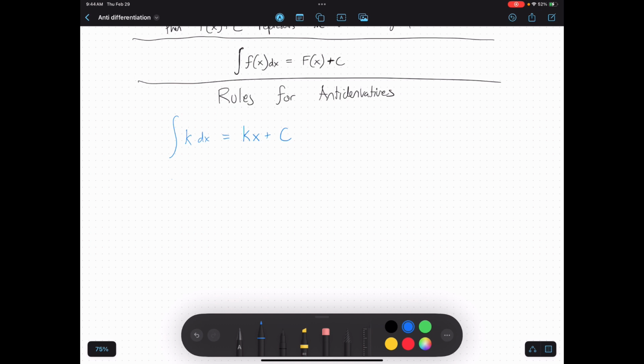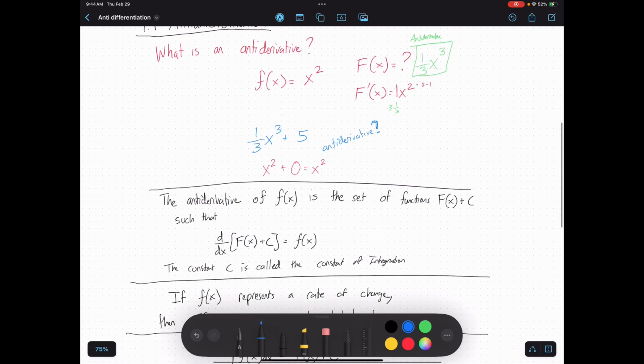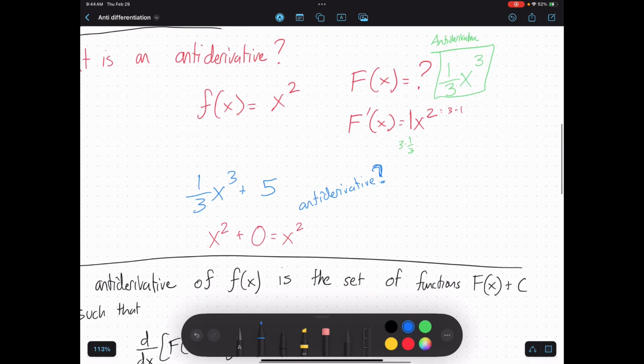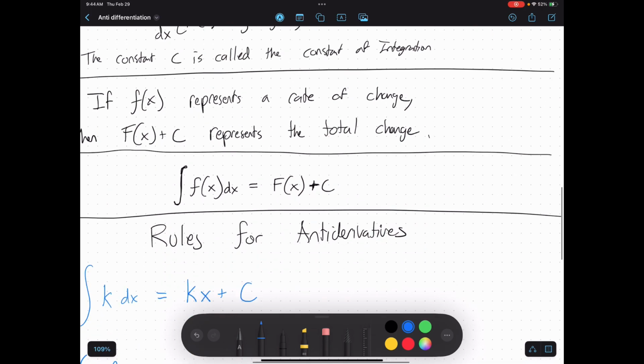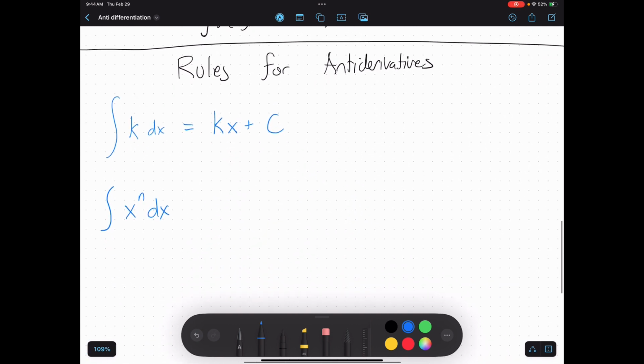Okay. Next, what about a power function? What's my rule for power functions? Well, we kind of hinted at this when we went through my opening example, x squared. In order to get a power function with these antiderivatives, you're going to do the opposite of your derivative rule. So instead of subtracting one from the exponent, you're going to add one to the exponent. So I'm going to have x to the n plus 1.